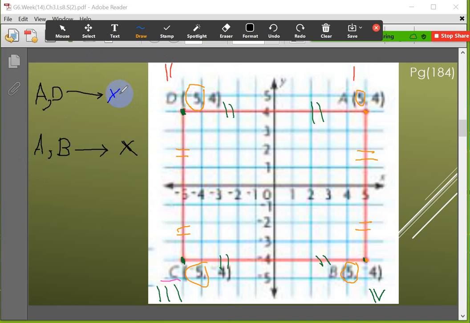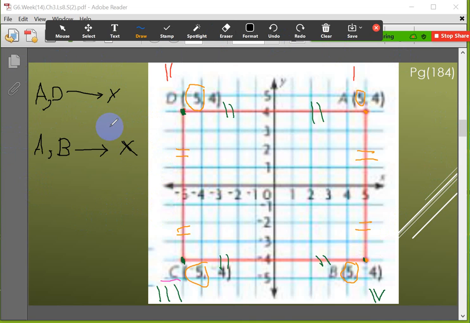When the y is the same and the x is the opposite, the y-axis is the line of symmetry for those 2 points. When the x is the same and the y is the opposite, the x-axis is the line of symmetry. Okay, girls? You have to save this strategy.